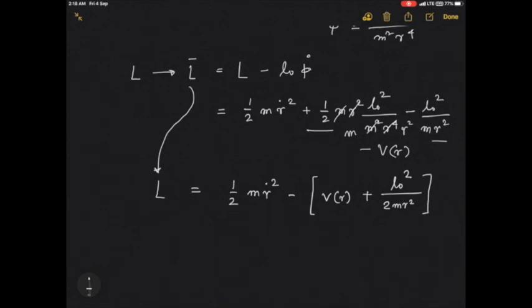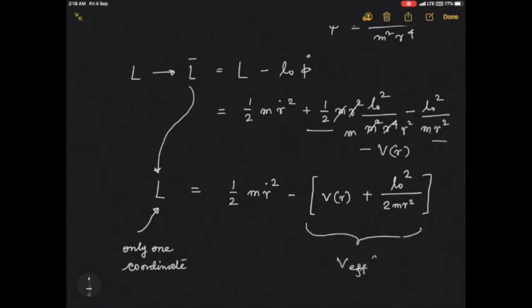Okay, so I have combined this term with this. Now this Lagrangian has only one coordinate, which is r, and this entire thing I call the effective potential.